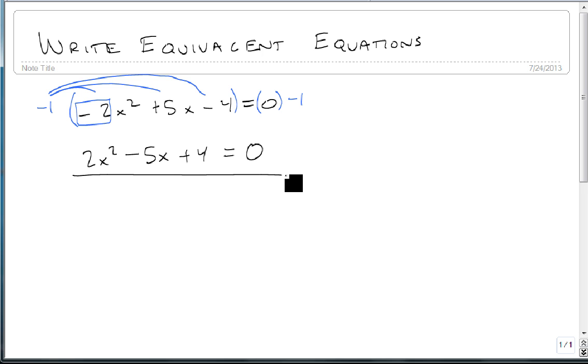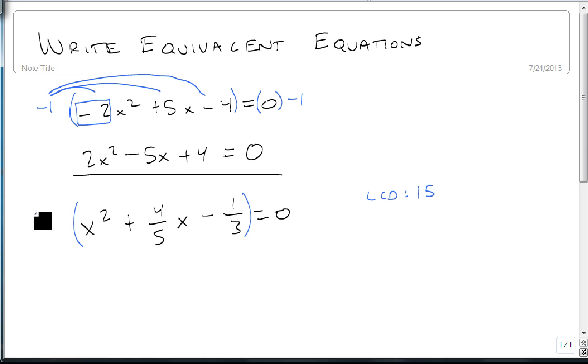As another example, suppose we have x² + 4/5 x - 1/3 = 0. Here, we don't want to use fractions in the quadratic formula if we can help it. So we're going to start by finding our LCD, which is 5 times 3, 15.